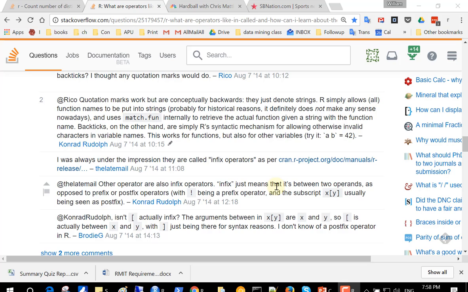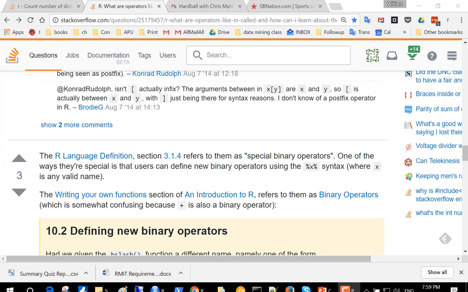It says infix just means that it's between two operands, as opposed to prefix or postfix, which means at the beginning or the end. So this is a prefix and subscript here. Well, we won't worry about that, but this one means it comes at the beginning, and this means that it comes in between. And apparently this has to do with writing your own functions as well.